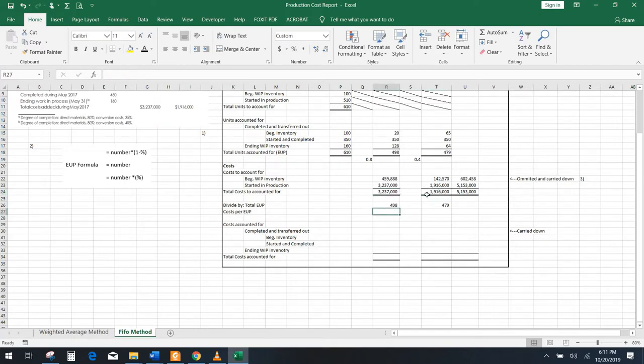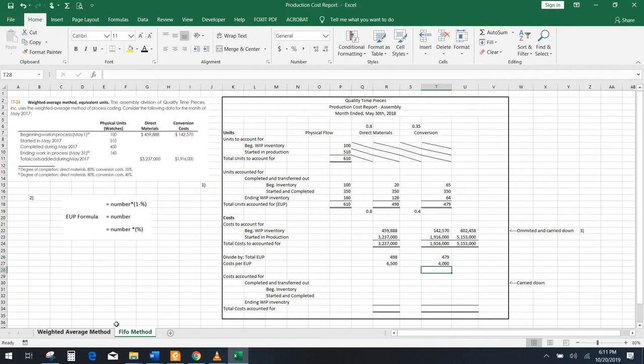So this equals this divided by this. This equals this divided by this. Now, just one last time to emphasize, in the weighted average method, this total would have been these two numbers combined, added together, but we've omitted that.